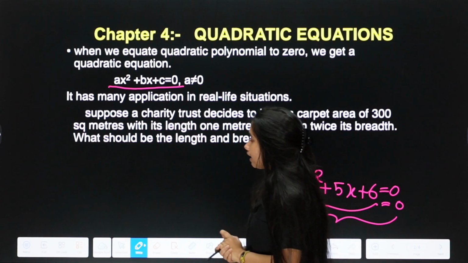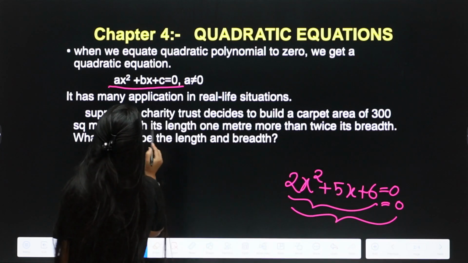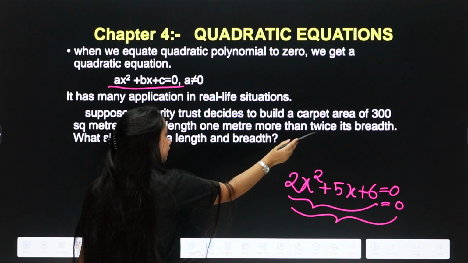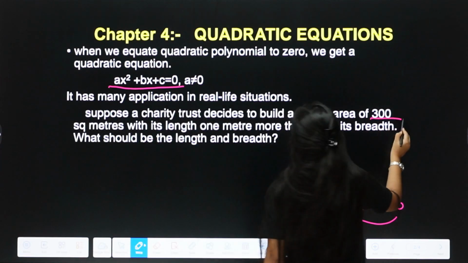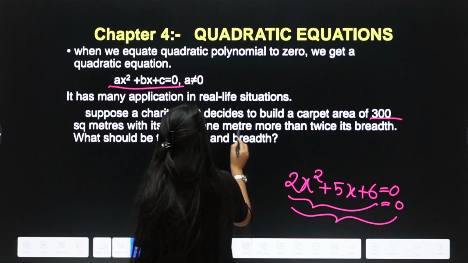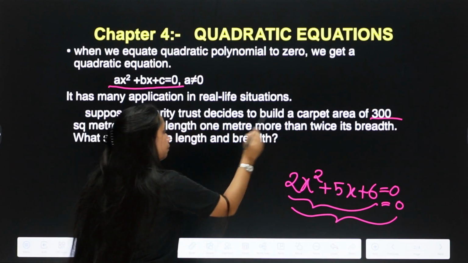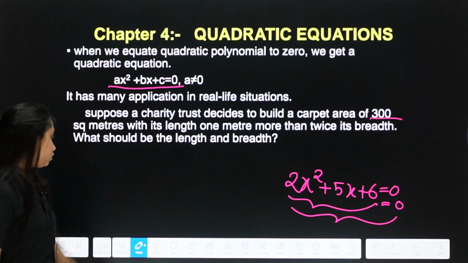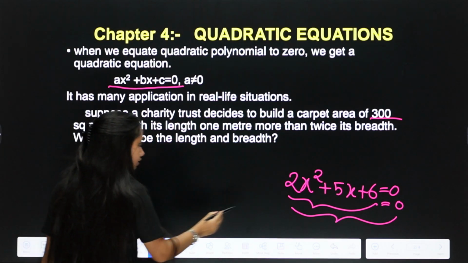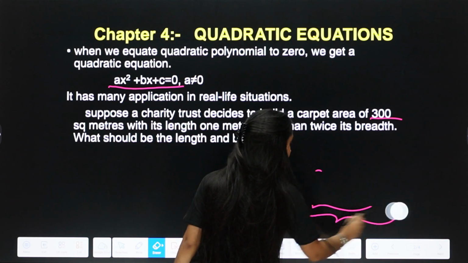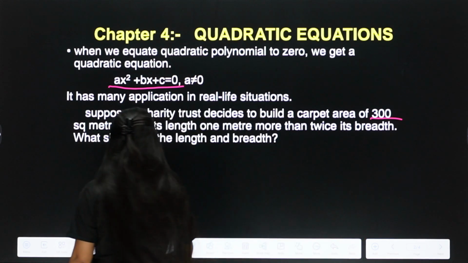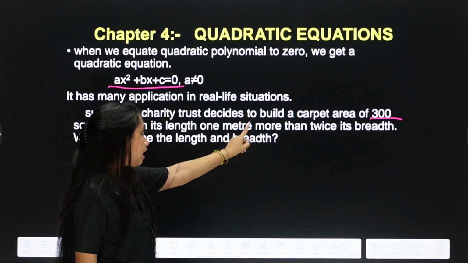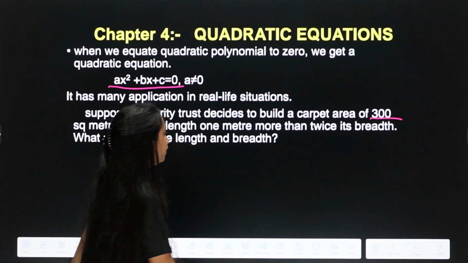For example, suppose a charity trust decides to build a carpet area of 300 square meters with its length 1 meter more than twice its breadth. So, what should be the length and breadth? First of all, we will draw the diagram.